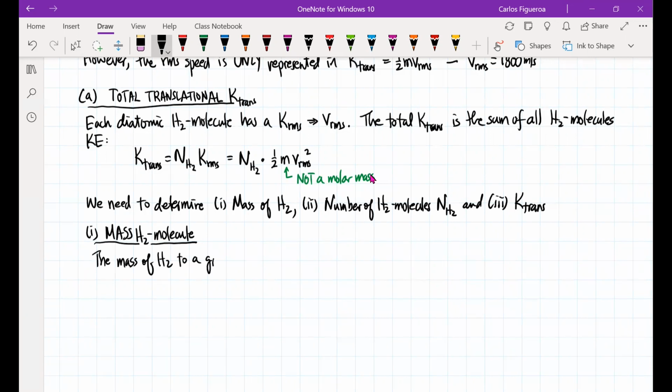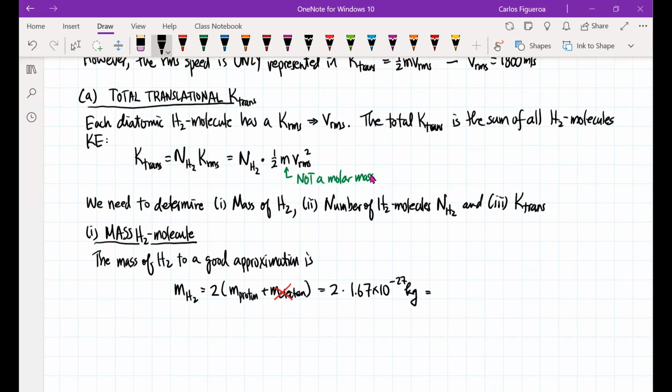To a very good approximation, the mass of H2 is 2 times the mass of a proton, which is 2 times 1.67 times 10 to the minus 27 kilograms.